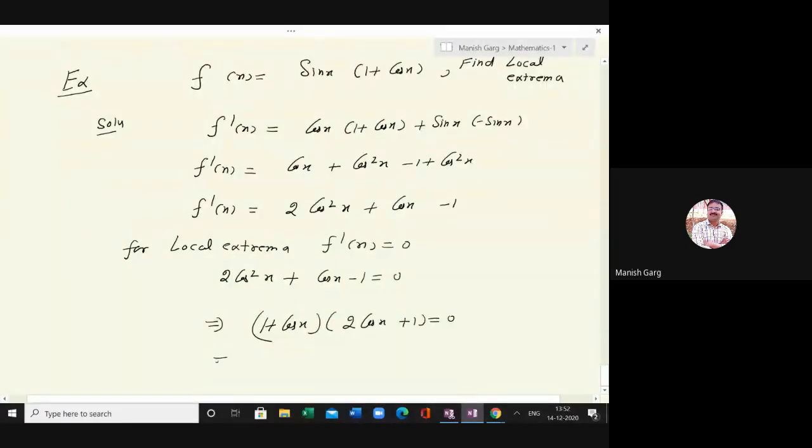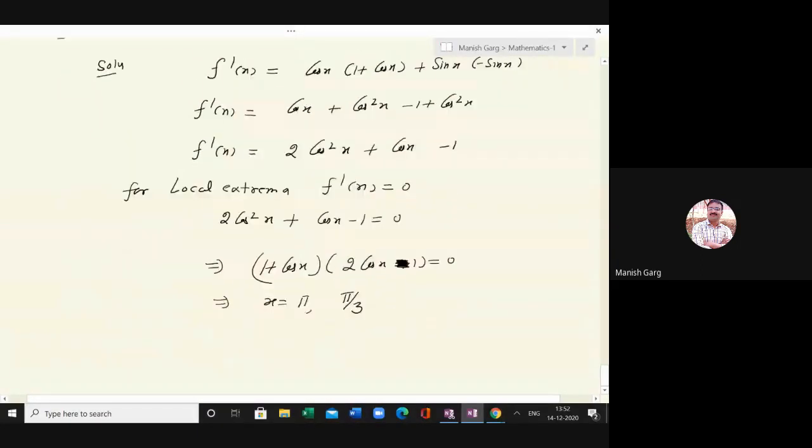So what will x be from here? x is pi, and cos x is 1 by 2, so this is pi by 3. Now what is f double dash x?